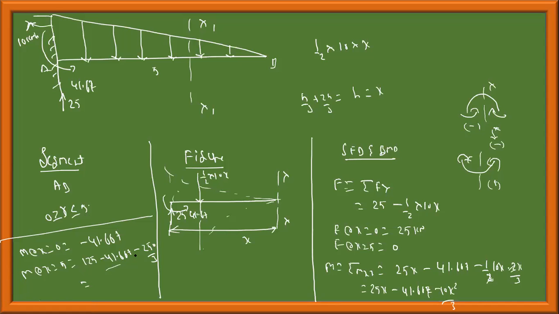Tell me this value: 125 minus 41.67 minus 250 by 3. How much are you getting?